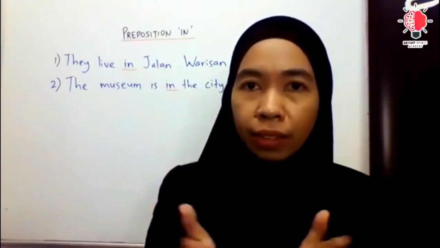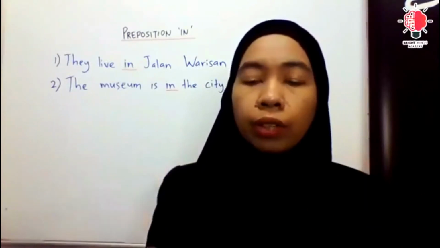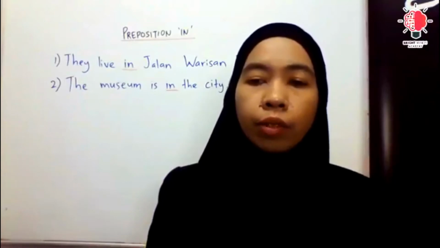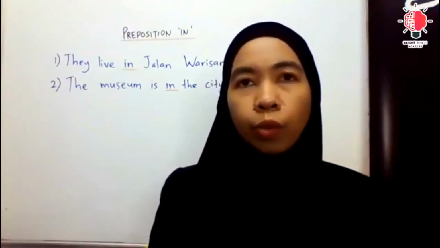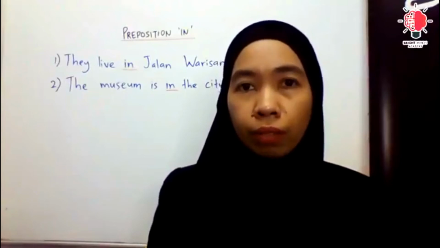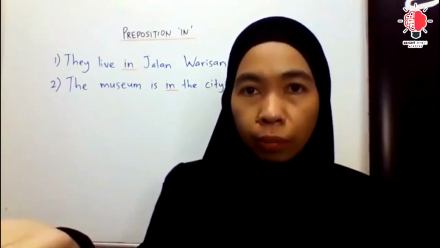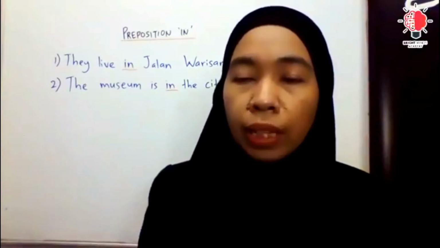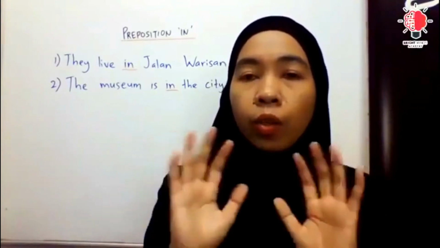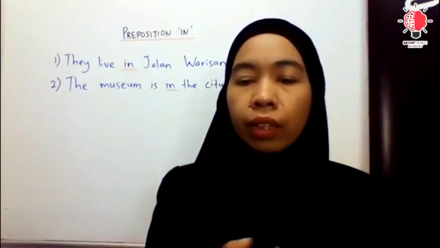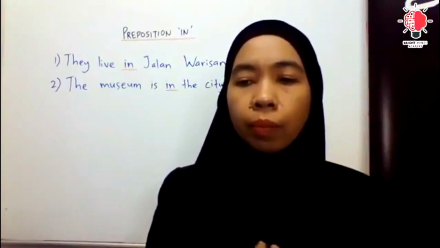So, for example, can you take a seat in the waiting room, please? Okay, please take a seat in the waiting room, for example. So, waiting room is a closed and enclosed area. Okay, or another example.